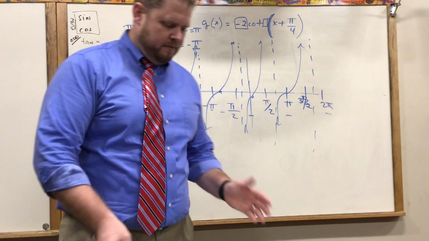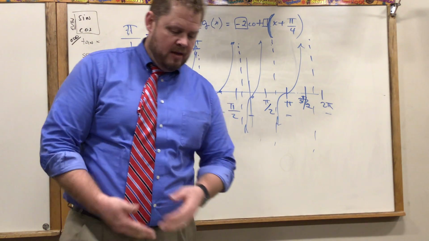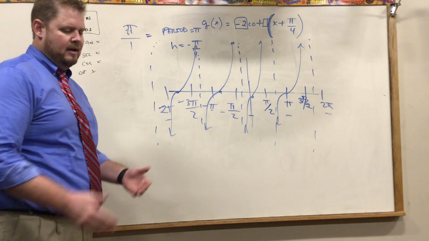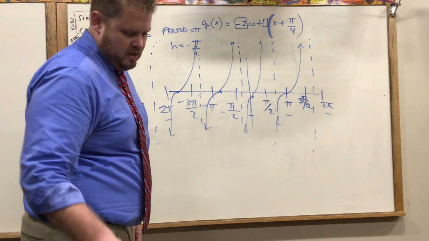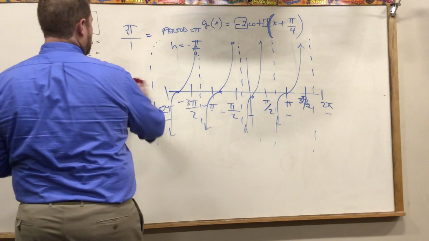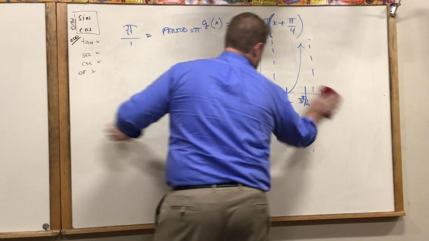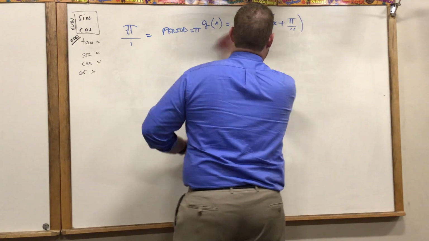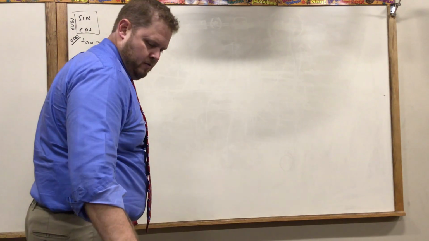So now, here's the flip of that. That's the inverse of tangent. The inverse of sine and cosine is secant and cosecant. So now let's think about that for a second. The opposite of sine and cosine, so remember, what does a sine wave look like? A sine wave looks like what again?